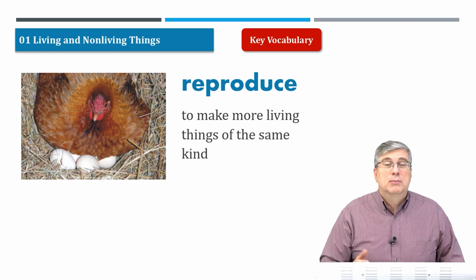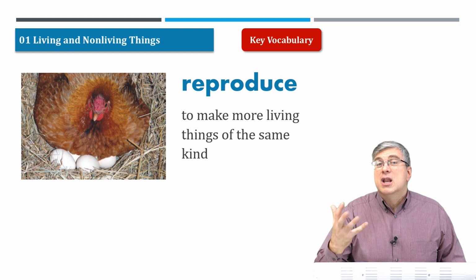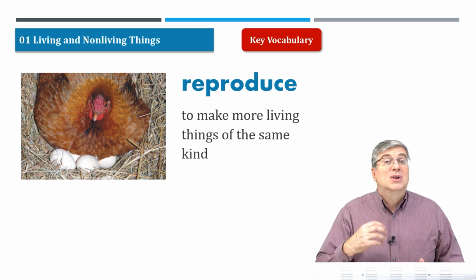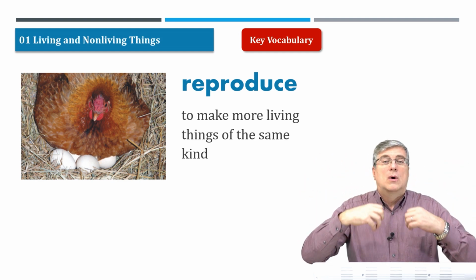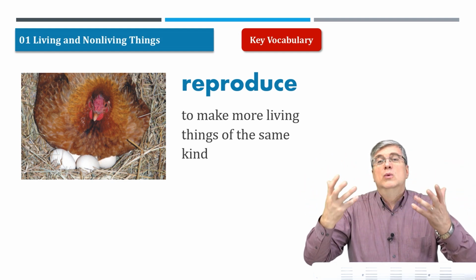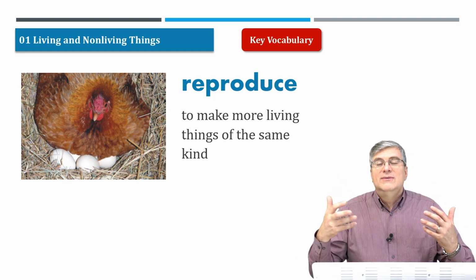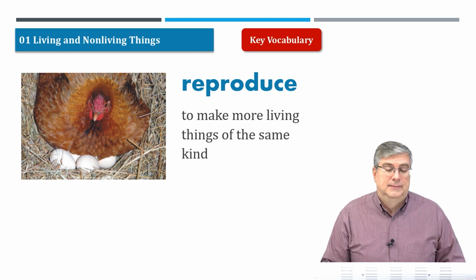That means you will reproduce, right? When your dog gets older, it can meet another dog, become a parent, and they will have children. Plants, when they get older, send out seeds or pollen and they will reproduce and more plants will grow. So to make more living things of the same kind, that's to reproduce.